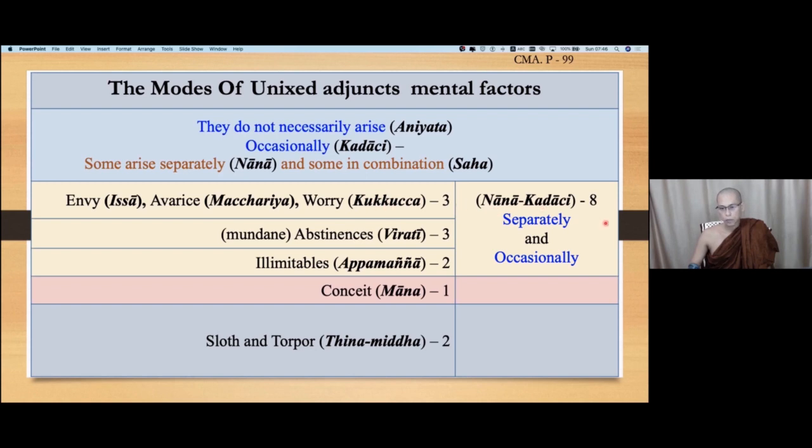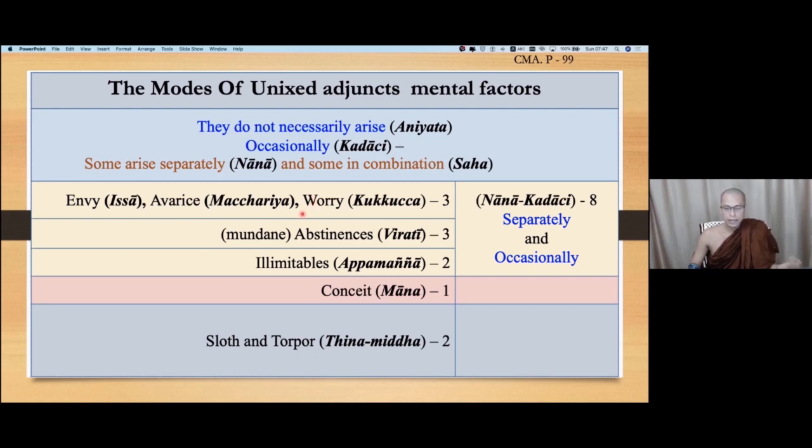They arise separately. So when envy arises, macchariya and kukkucca cannot arise. They are counted among the mental factors associated with the dosa-mula, hatred-rooted consciousness. Although they arise in the same types of consciousness, they cannot arise together. And also they cannot arise always.